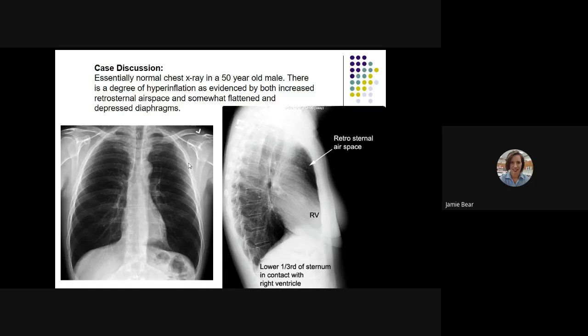An obstruction is where you have normal compliance and can get all the air in, but the airways tend to collapse on exhalation, so you get airflow limitation when you try to exhale.